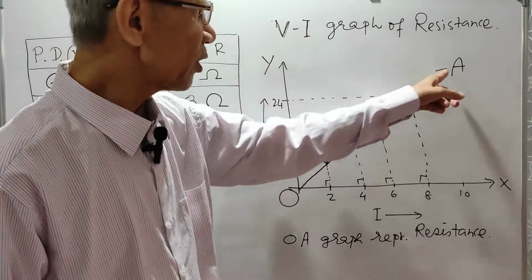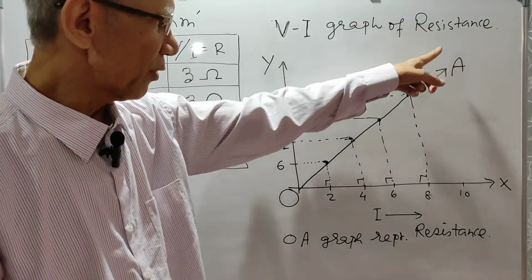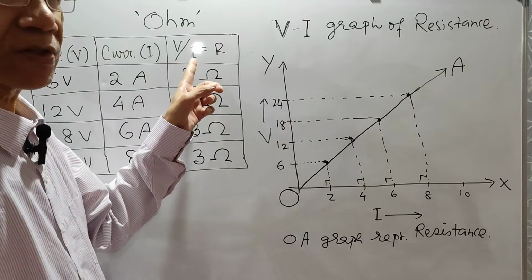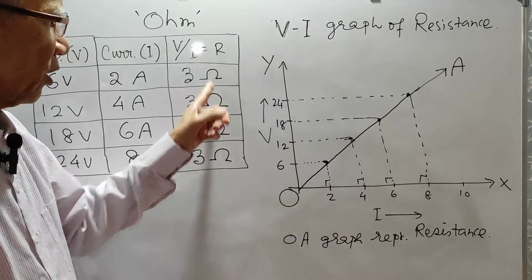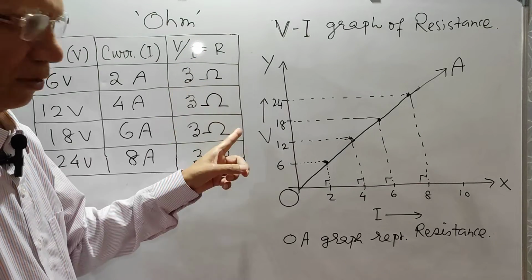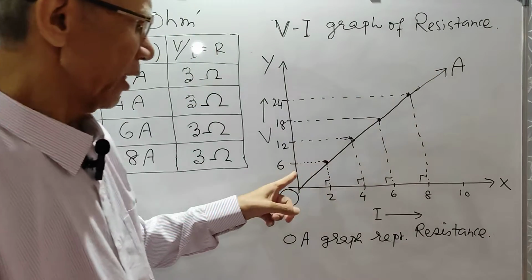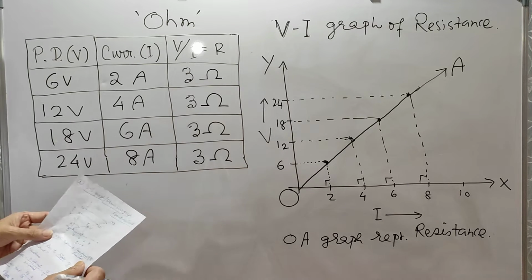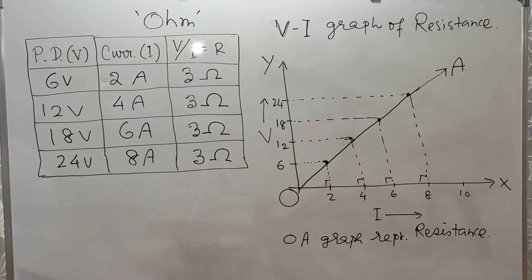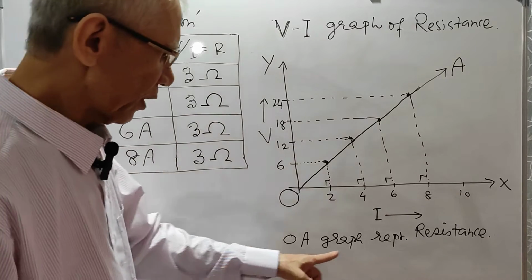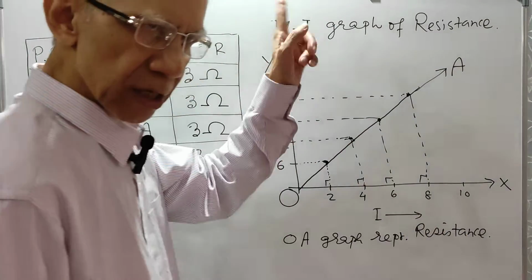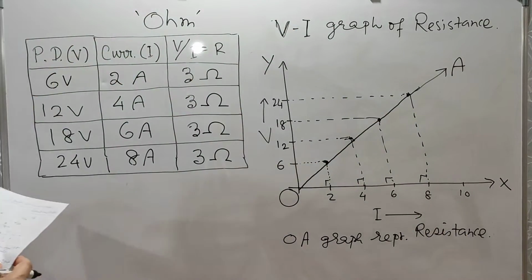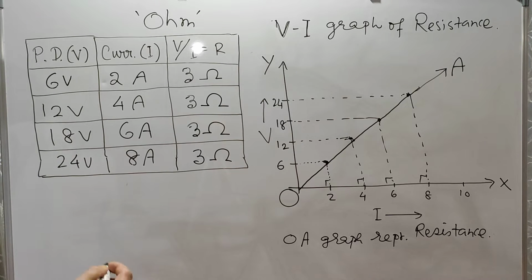So why is this Ohm's law graph, the VI graph of resistance, a straight line? Because this resistance is uniform or constant. Therefore, you are getting a straight line by plotting these points. So this OA graph represents resistance of the resistor which we used. Now there is a question.